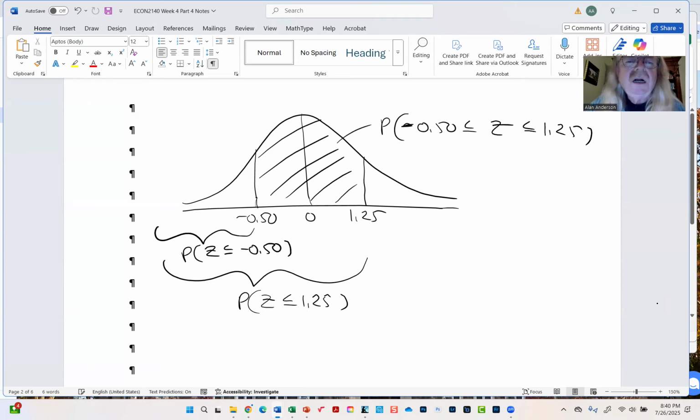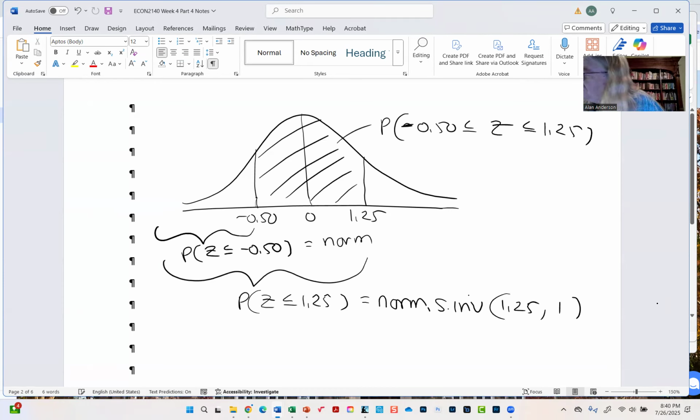So in other words, both of those commands are in Excel. This one would be norm.s.dist of 1.25 and 1. Remember, the second argument will always be 1 for cumulative. And then this one will be norm.s.dist of negative 0.5 and 1.